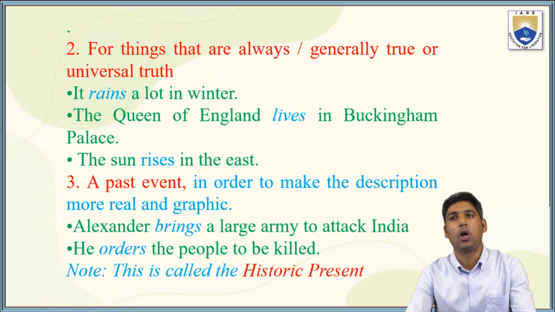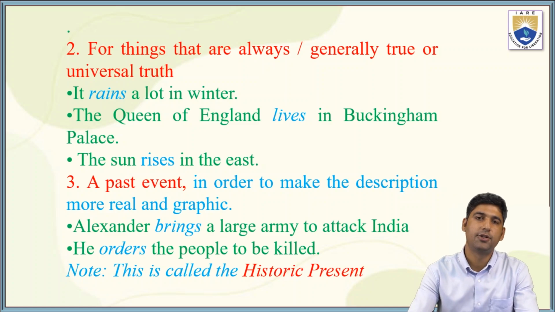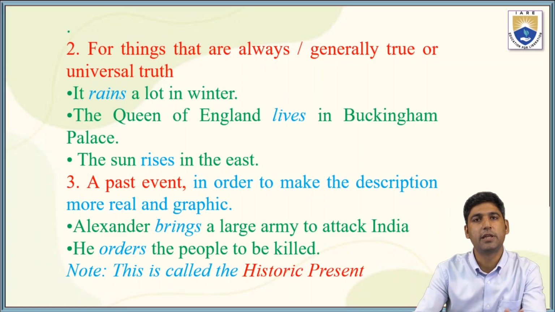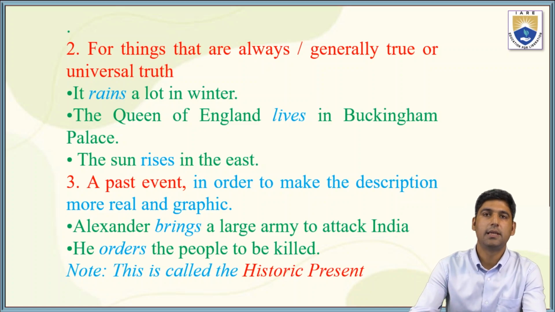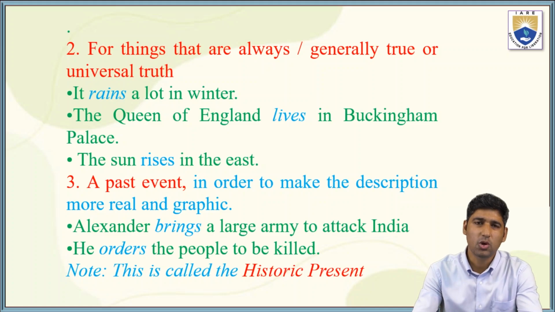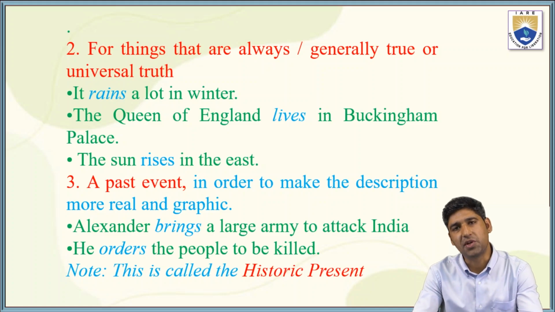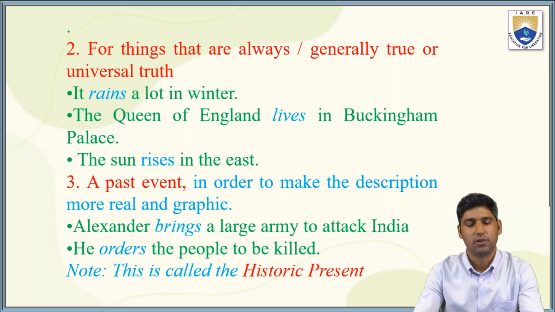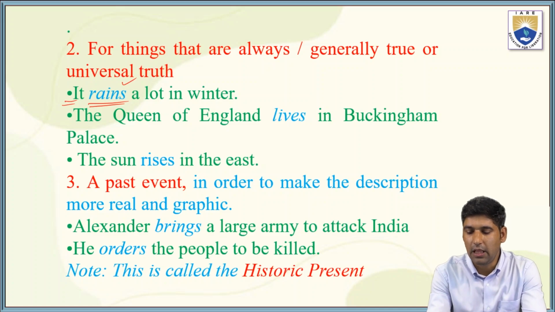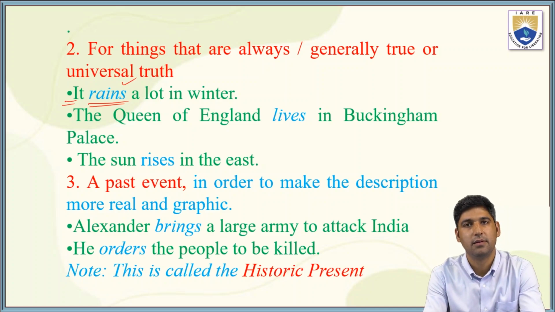Then, for things that are always true or generally true, for the universal truth, we use present indefinite tense. See, it rains a lot in winter. This is always true because it rains in winters. So we have third person subject and verb is rains, first form plus s. Then the Queen of England lives in Buckingham Palace.